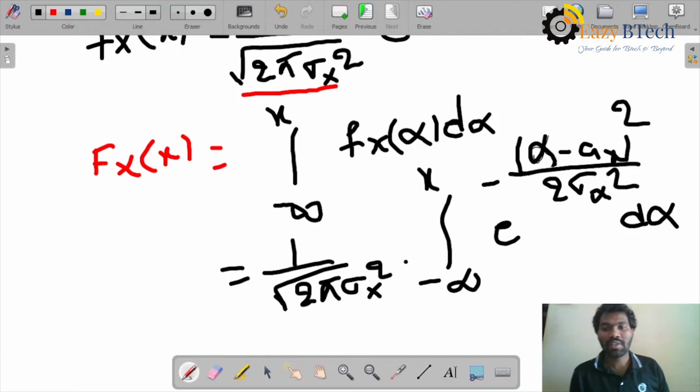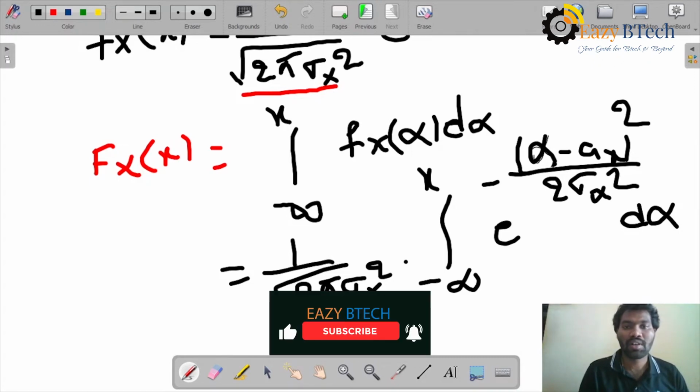So this is the distribution function of a Gaussian random variable.